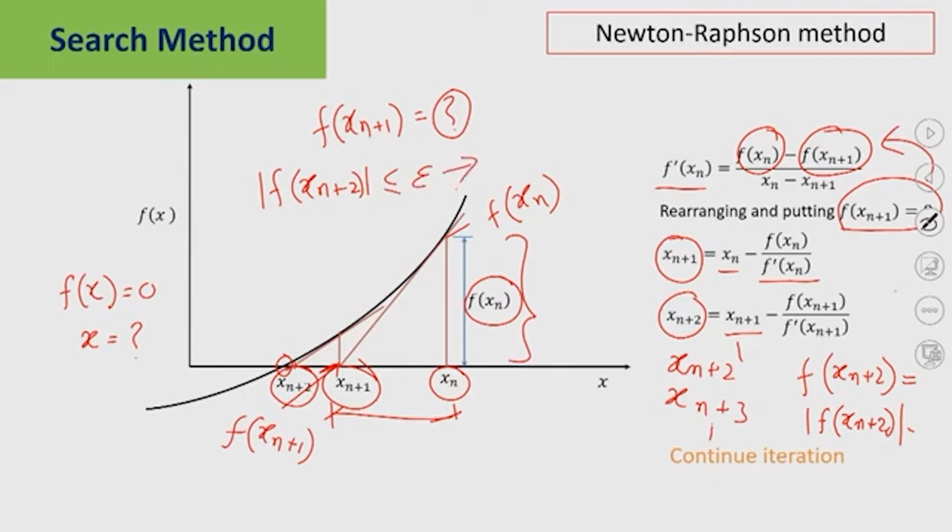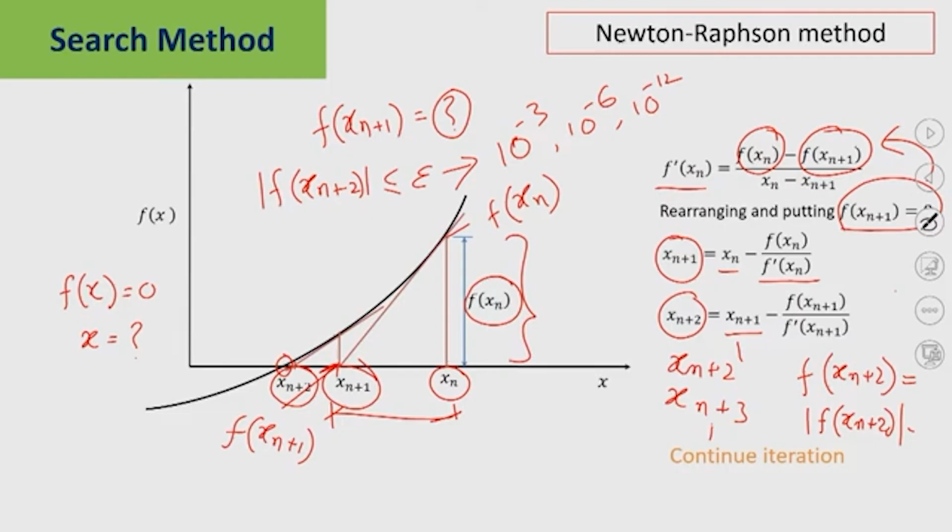So, the epsilon value you can put as a precision, suppose 10 to the power minus 3, or 10 to the power minus 6, or 10 to the power minus 12. As per your desired precision, you can put the epsilon value, and I can terminate this iteration once the absolute value of this particular function is less than that precision.